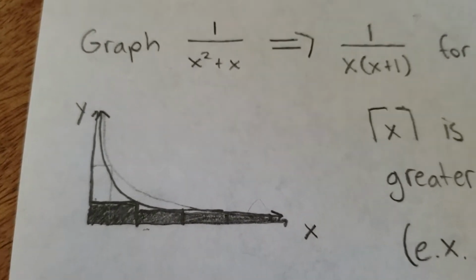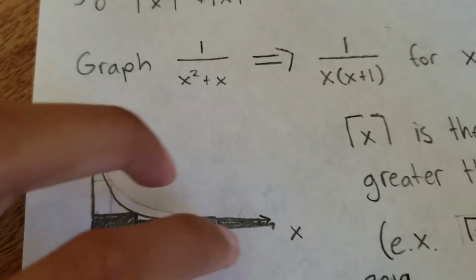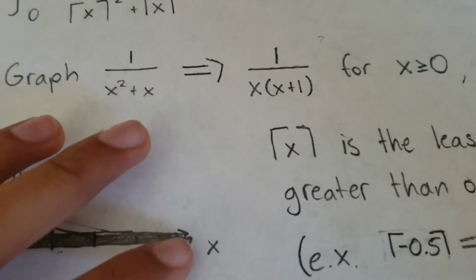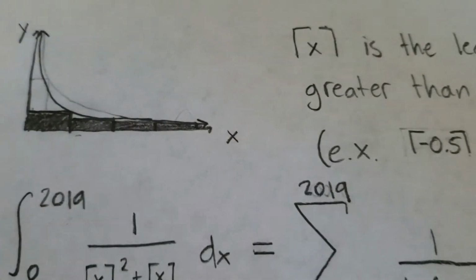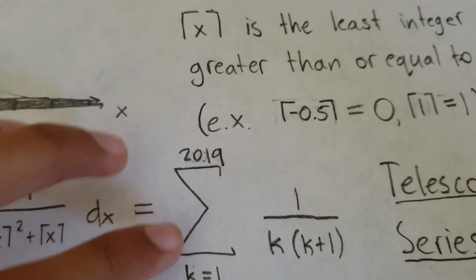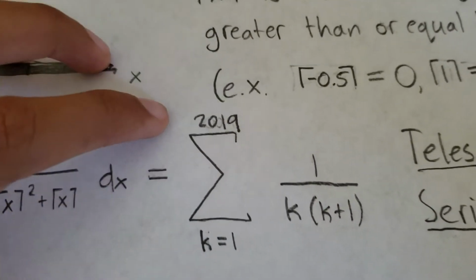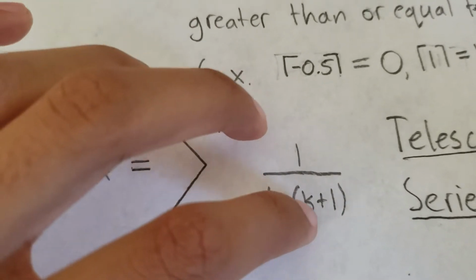All right, so now we just want to sum up the areas of all of these boxes until x goes all the way to 2019. And that will be the value of our integral. So our integral is just equal to the sum from k equals 1 to 2019 of 1 over k times k plus 1.